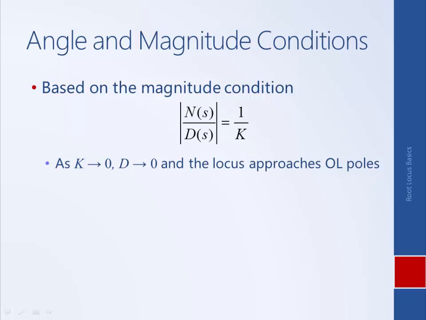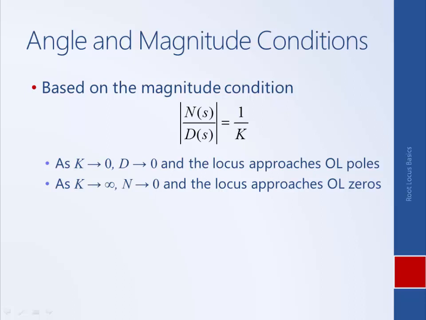Similarly, if k gets large, if k approaches infinity, then we have a finite number divided by a very large number, and this becomes 0. In order for the left-hand side to become 0, either d needs to become large or n needs to become small. And so values of s that make the numerator approach 0 or equal 0 are what? Zeros.